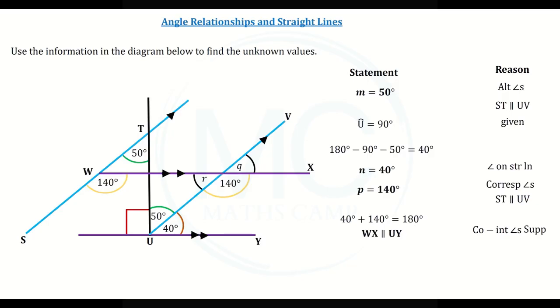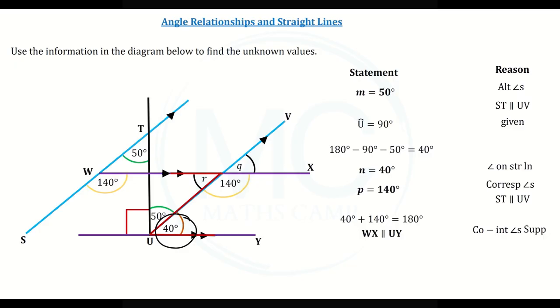Now that we have two new parallel lines, it means that VU is also a transversal line because it cuts both WX and UY. We need to find the value of R. So let's draw in our big Z shape. Straight away, we can see that R and this 40-degree angle over here both sit inside the Z shape.